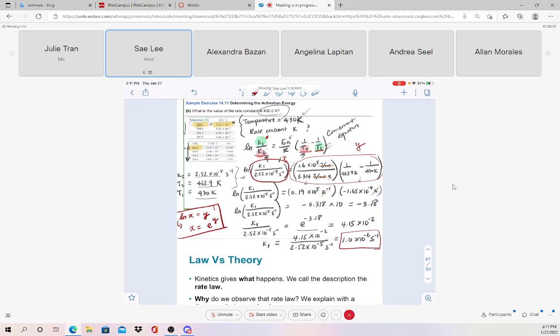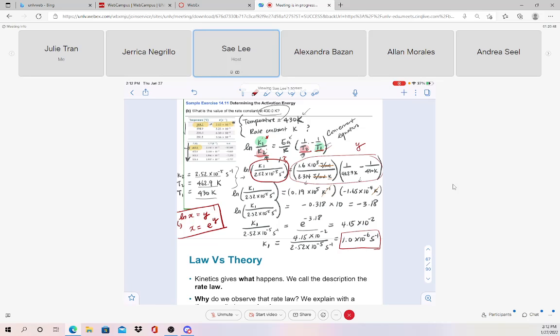Dr. Lee, I have the same question as from the chat. Why do we need to divide instead of multiply from K1 equals 4.15 divided by 2.52? Oh, I'm sorry, what's your question again? Why do we divide instead of multiply?